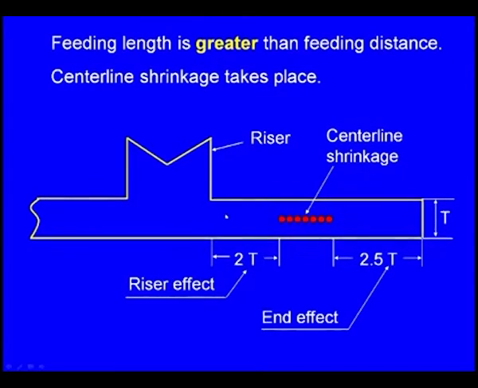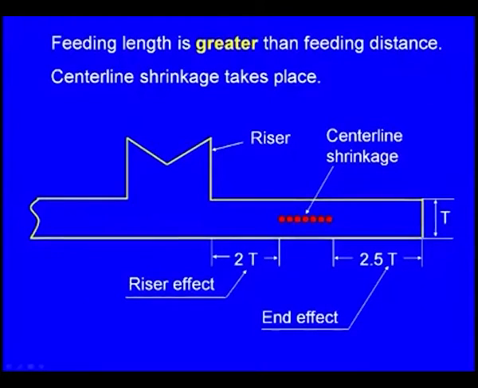Feeding length means the actual length falling under the load of the riser. So, this whole length is the feeding length, whereas feeding distance is the sum of the end effect and the riser effect. In this case the feeding length is greater than the feeding distance. So, that is how a center line shrinkage cavity defect arises here.